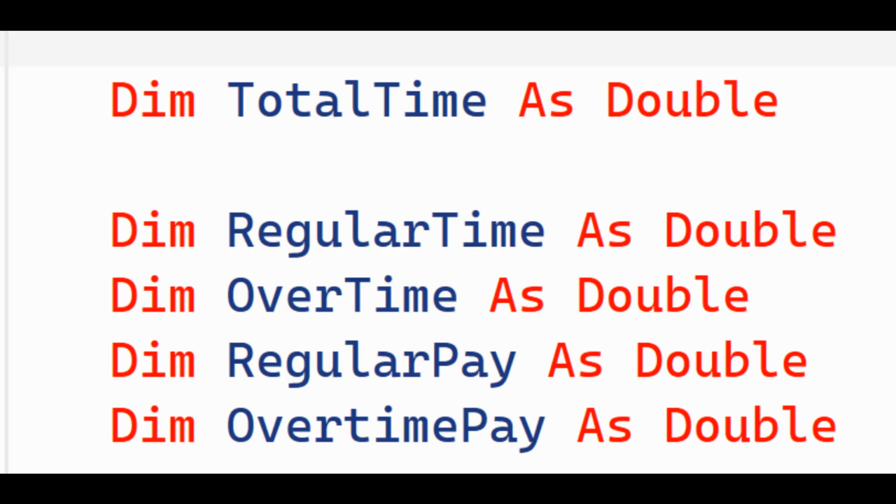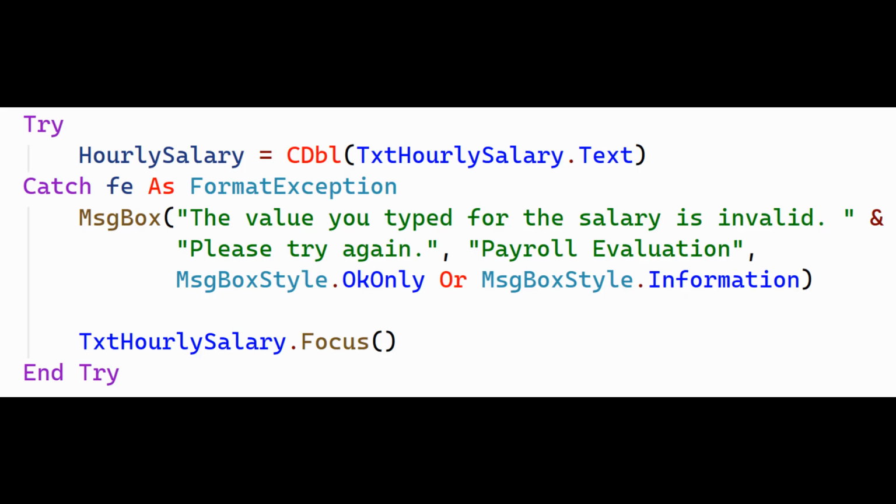Then declare variables for the values you will use for the calculations, such as a variable for the regular time, a variable for the overtime, a variable for the regular pay, and a variable for the overtime pay. To request the values from the user, we will use exception handling just in case something goes wrong. So we start by requesting a value for the hourly salary.